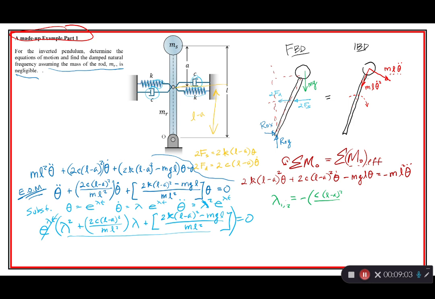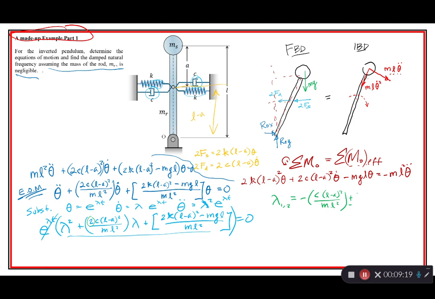No, the 2 went away because there was a 2 right here, so we want to divide by 2. All right, so mL squared. And then plus or minus, I didn't leave myself enough room, and there's no real way to grab that.